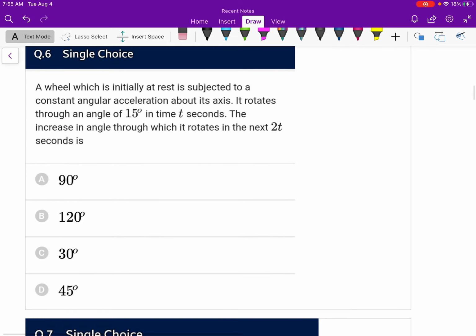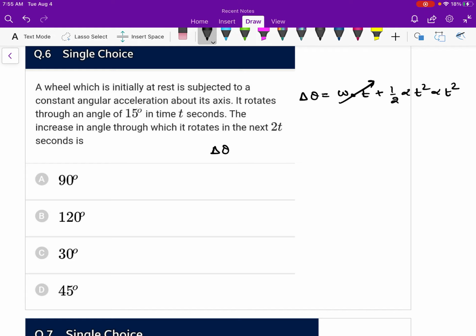A wheel which is initially at rest is subject to a constant angular acceleration, rotates through 15 degree in t seconds, then in the next 2t seconds. Okay, so delta theta is omega naught t plus half alpha t square. Omega naught t is 0, so proportional to t square.